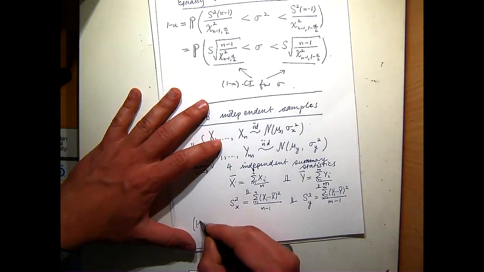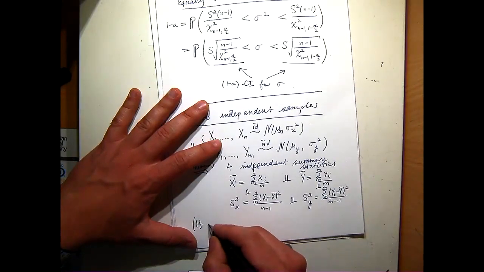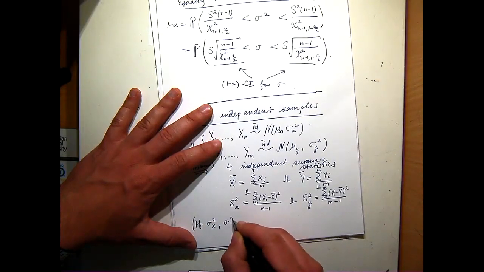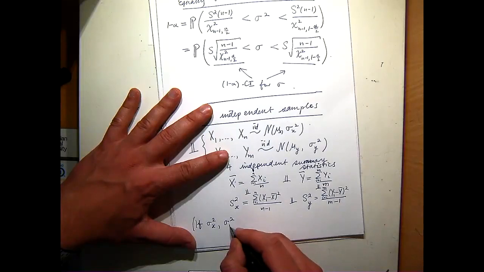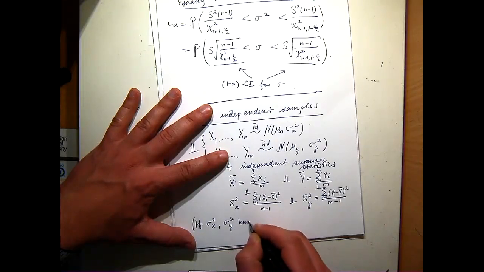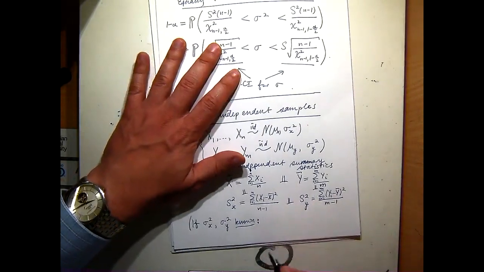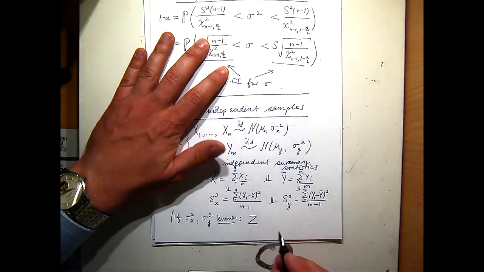So this is the baby case, just to show you what is easy. If sigma squared x and sigma squared y are known, that makes it easier to come up with a pivotal quantity. I'm going to call it z for kind of obvious reasons.